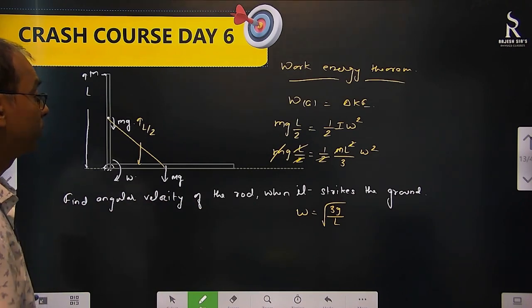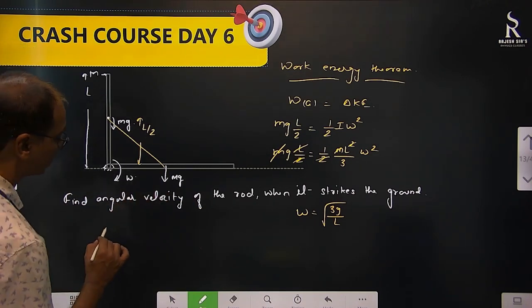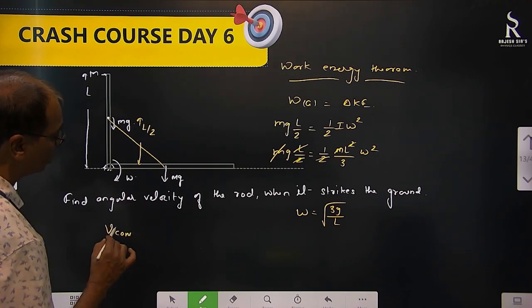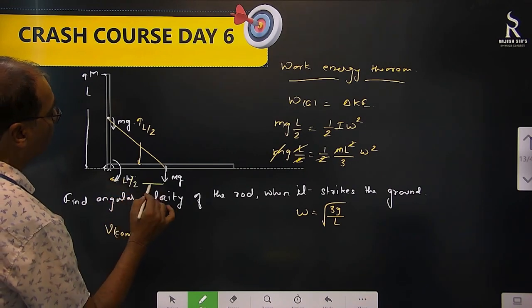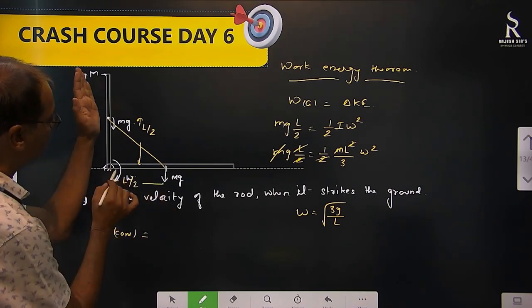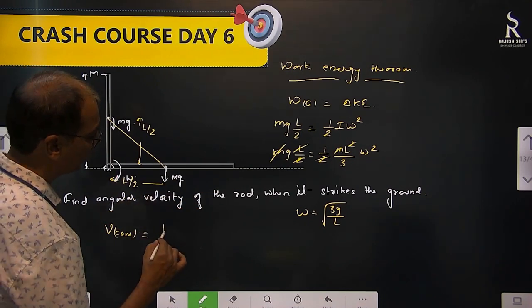But suppose they ask you to find the velocity of the center of mass when it strikes the ground. The center of mass is at L by 2, and is it in pure rotation? Yes, because this point is fixed. So the velocity of the center of mass will be L by 2 omega.